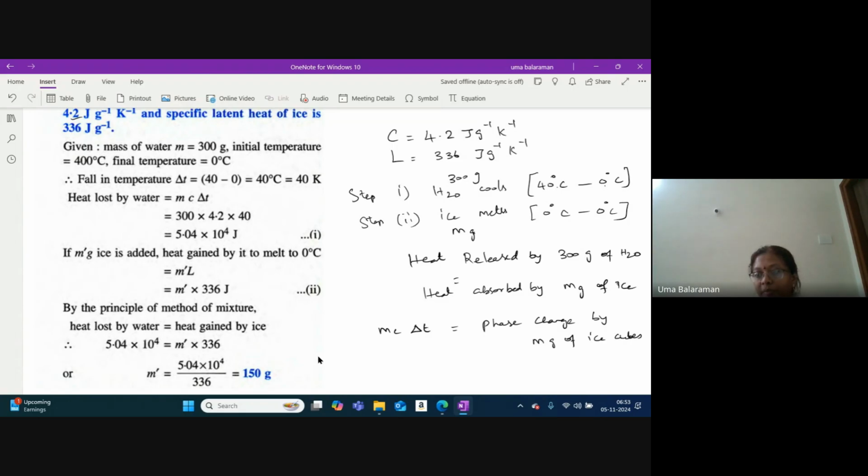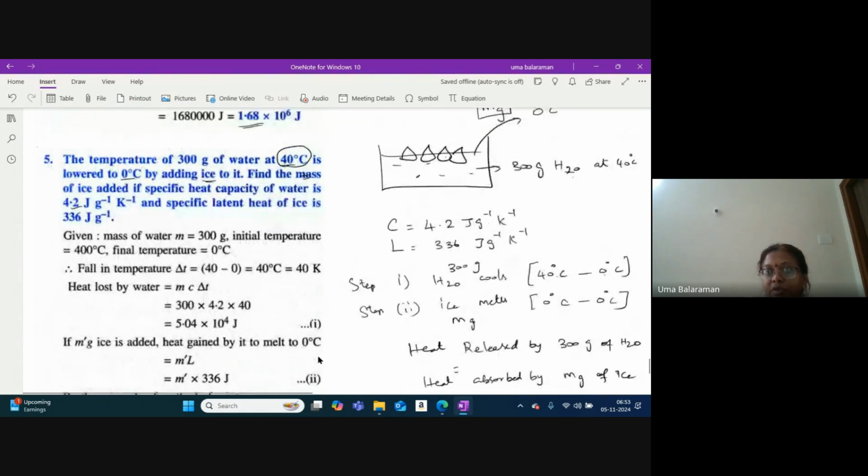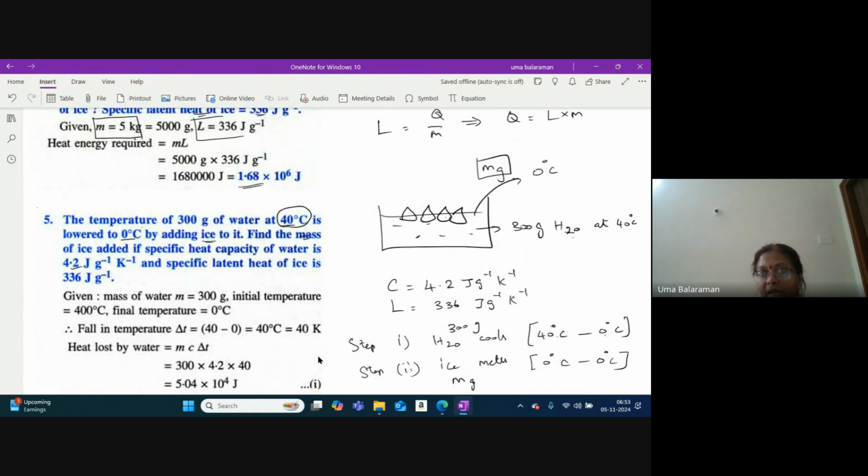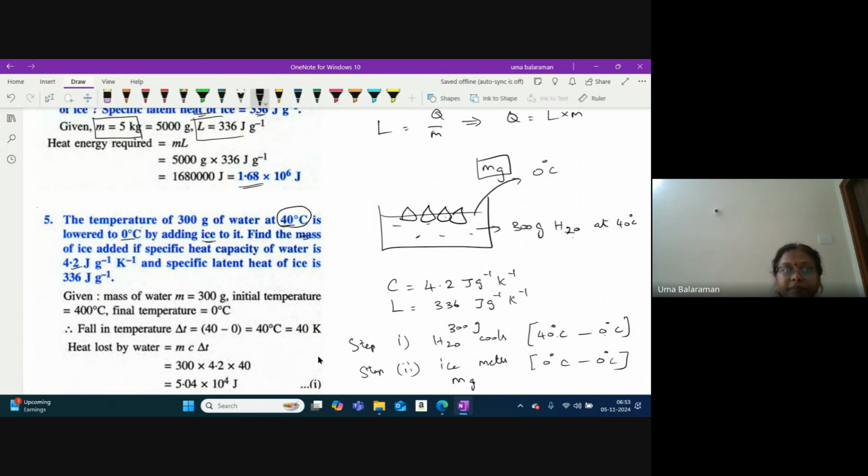Are you able to follow, ma? We have two substances mixed now. We have 300 grams of water, which is at liquid phase. This gets cooled down because of the ice cubes. Ice cubes absorb heat energy, water releases heat energy, and both of them together reach 0 degrees Celsius.